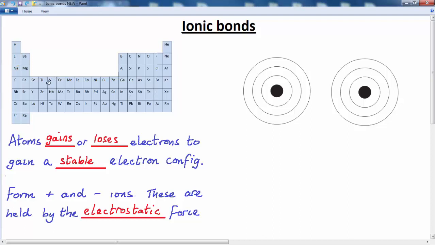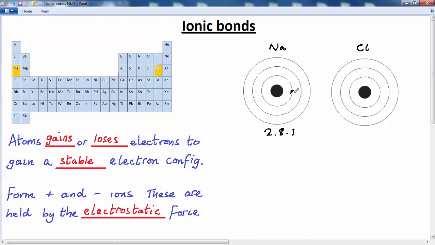So let's just take as an example the ionic bond formed between sodium and chlorine. We've got sodium here and chlorine, and the electron distribution of sodium is 2.8.1, and we'll do the cross diagram for sodium.